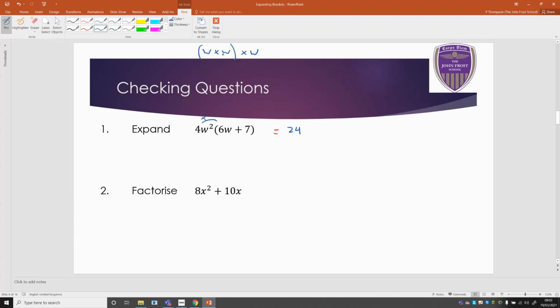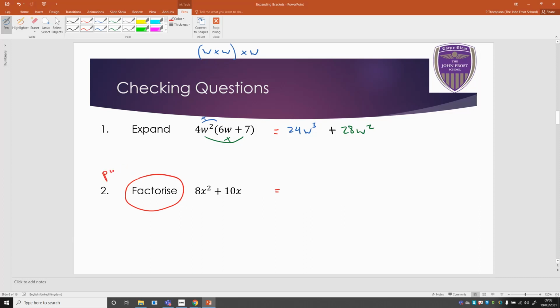Can we see that there'd be 3 w's in a row? So this actually would be w cubed. That's what the power of 3 means. There'd be 3 in a row. All right. Then there's going to be a plus in the middle. And then 4w squared times 7. Well, 4 times 7 is 28. And don't forget the w squared on here. Okay. Nice and easy.